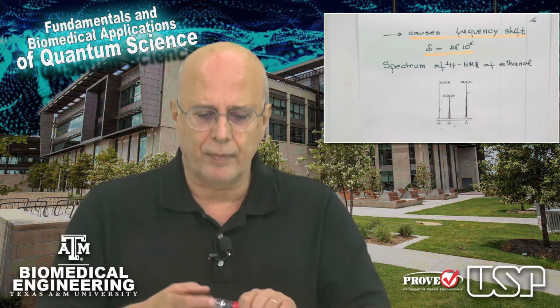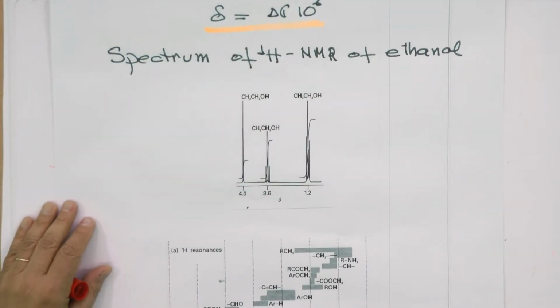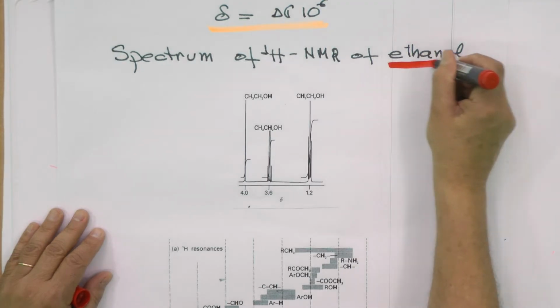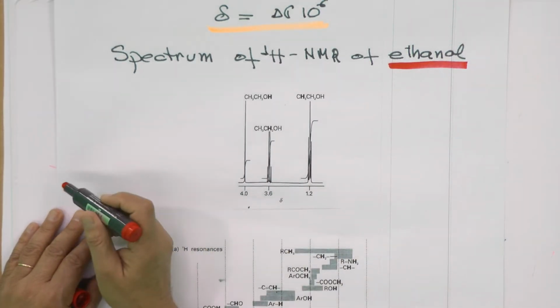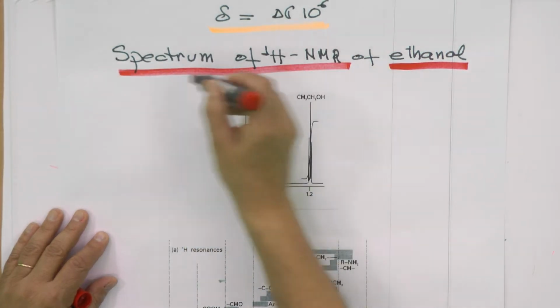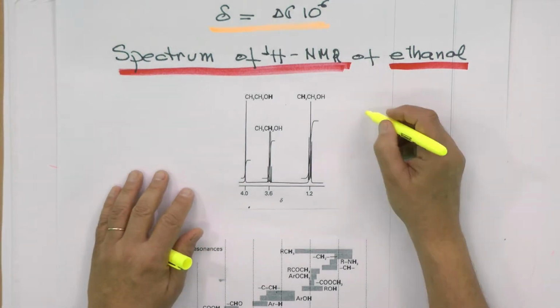Okay, so let's take an example. I'm going to look at ethanol, an important molecule that we have. And I'm going to look at the NMR spectrum of the hydrogen in this molecule of ethanol. If you remember, ethanol has different possibilities.